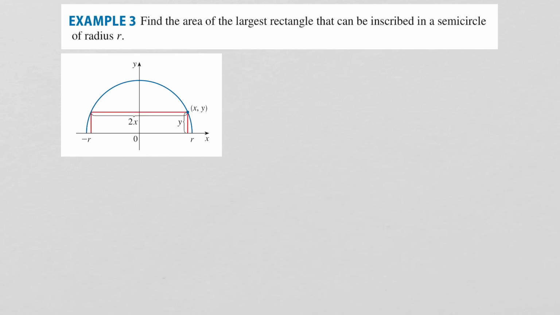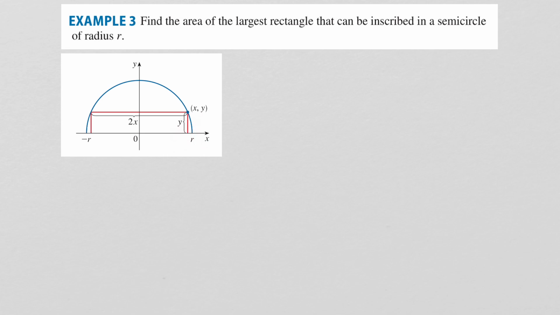Next, let's find the area of the largest rectangle that can be inscribed in a semicircle of radius r. So here we have a graph of a semicircle, and then we have a rectangle inscribed in it. So what that means is that two corners of the rectangle are on the semicircle, and the other corners are on the x-axis.